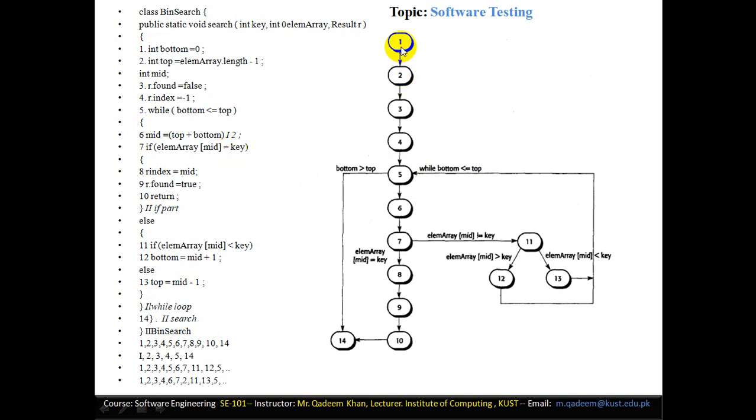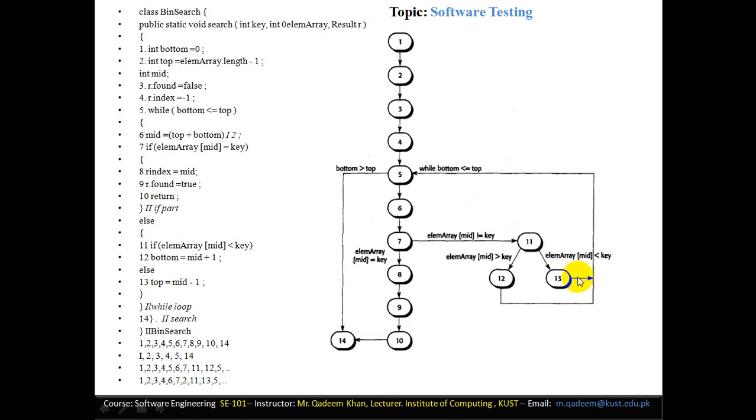Now the first method of McCabe says number of edges minus number of nodes plus 2. So first of all we have to compute the number of edges. Edges means arrow lines. So 1, 2, 3, 4, 5, 6, 7, 8, 9, 10, 11, 12, 13, 14, 15 and 16.